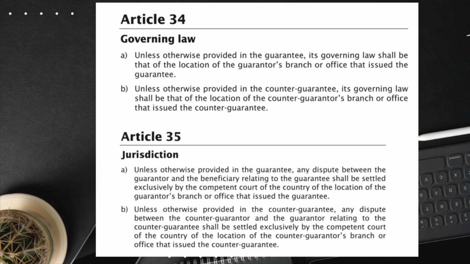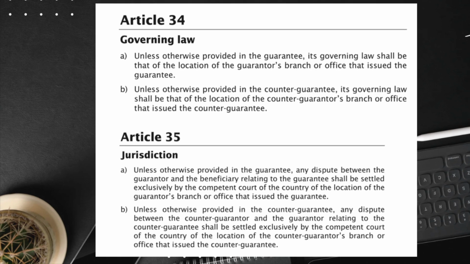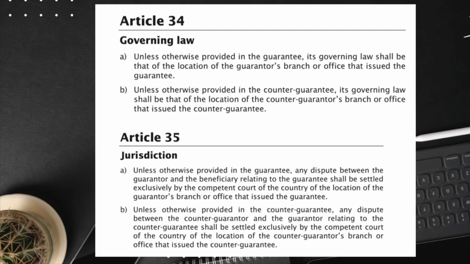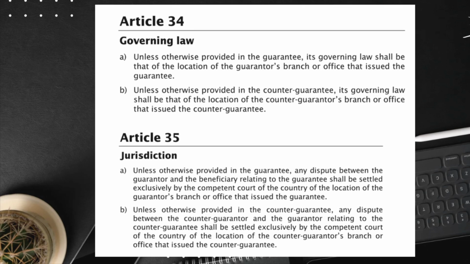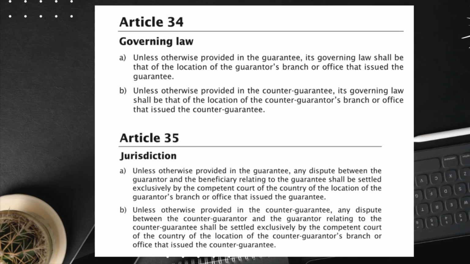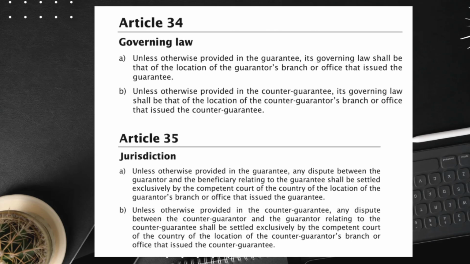In Article 35, jurisdiction follows the same principle but focuses on the court for dispute resolution. By understanding and applying these rules, businesses can better navigate the complexities of demand guarantees and counter guarantees.